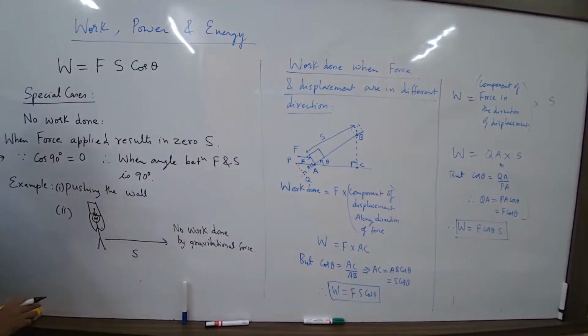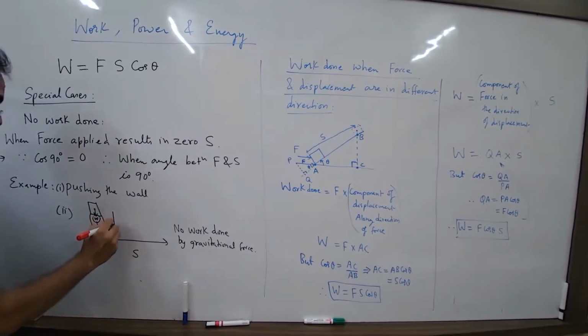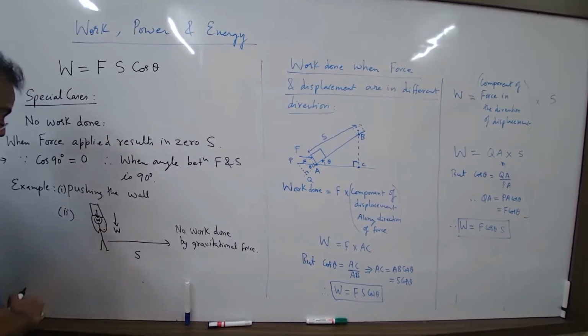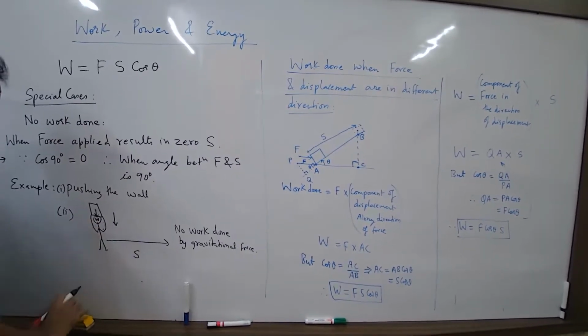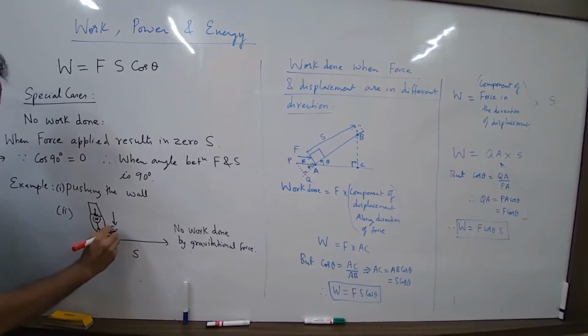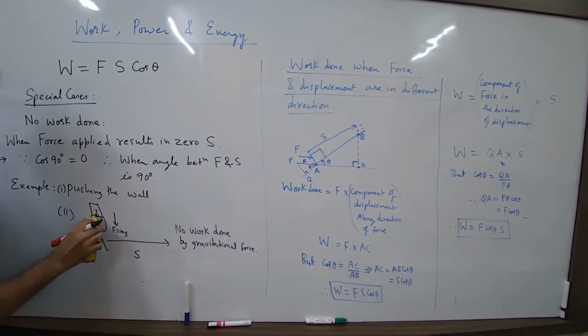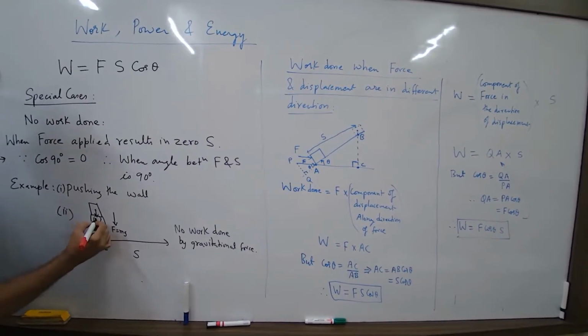If I draw the diagram, it is in this direction. So don't get confused by W. It is not work, it is mg. F equal to mg, right? Otherwise you will get confused with this. So this is mg.